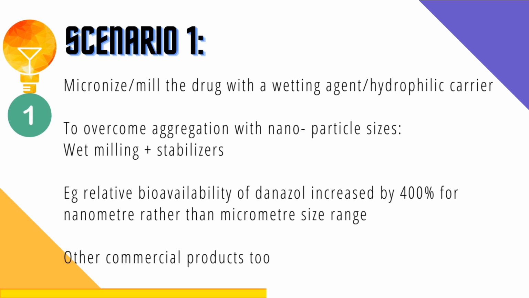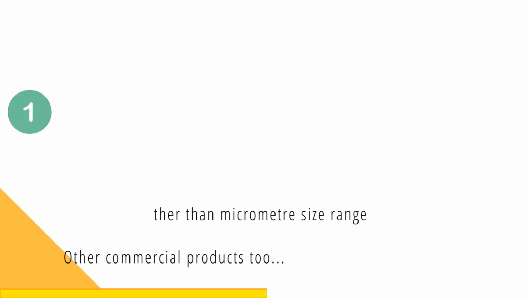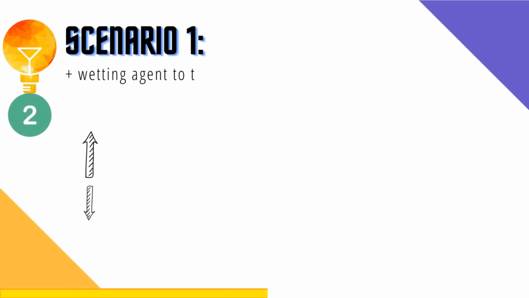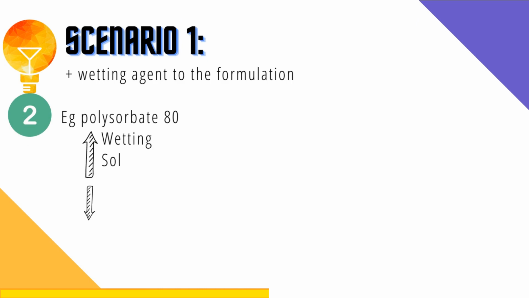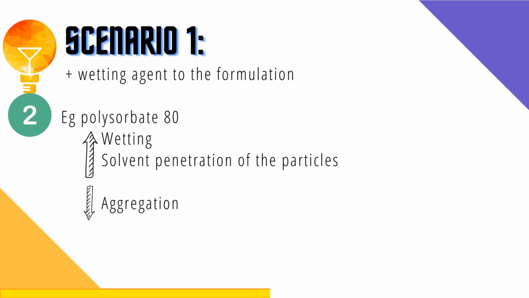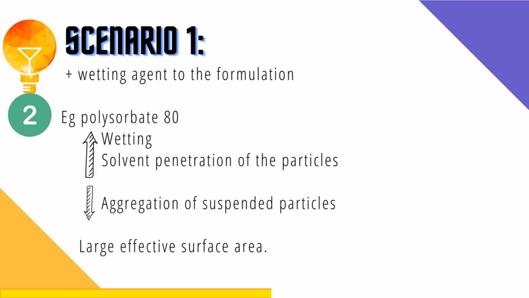Then there are also other commercial products which use the same approach too. The second solution for aggregation of particles is to add a wetting agent into the formulation, such as polysorbate 80, to increase the solvent penetration into the particles, resulting in a larger effective surface area.